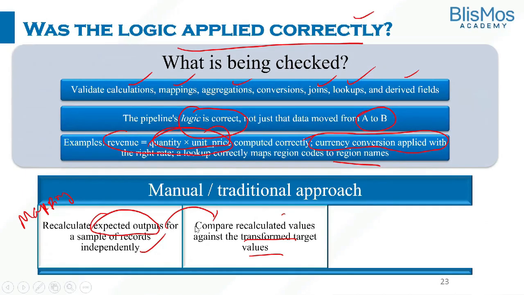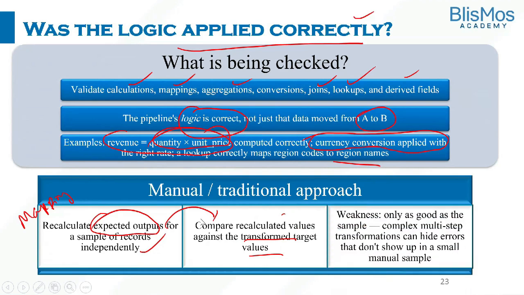But the problem here is, as the pipelines become more complex and transformations span multiple stages, a small sample may miss an issue hidden deeper in the logic chain. The challenge grows with the complexity.